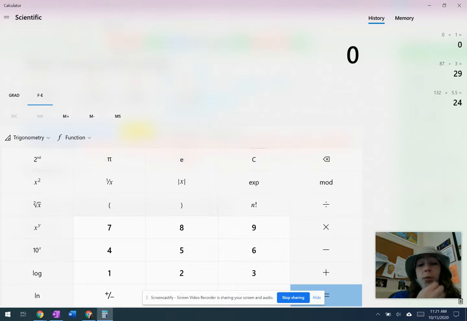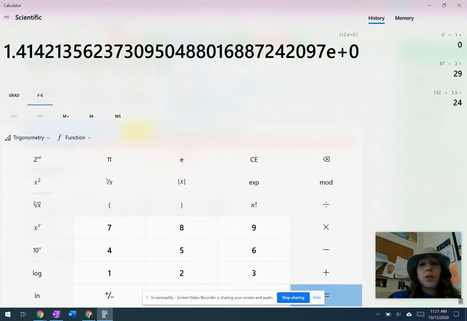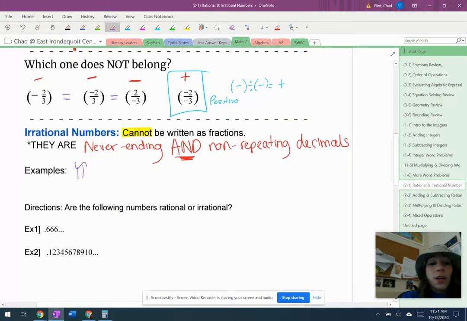Another one of the most famous irrational numbers is what's called the square root of 2. And again, look at this big giant decimal. No pattern here. None of these digits are repeating, and it is never-ending. It keeps going on forever and ever. So examples are like pi and the square root of 2.